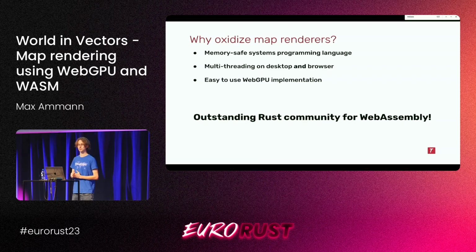The WebAssembly community in Rust is awesome. We already talked today about wasm-pack, for example, which is a really great resource, and something like this doesn't really exist in any other language. You could, of course, do all of this more or less in C or C++, but you would miss out on a lot of tooling, and that is what really makes this a breeze.